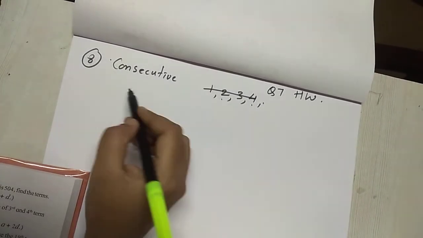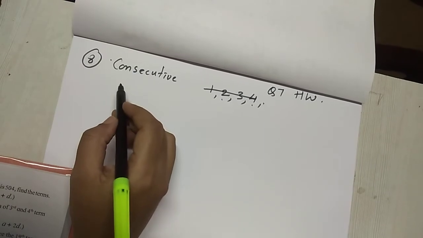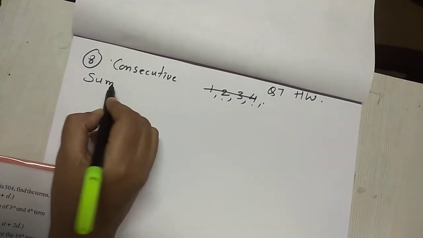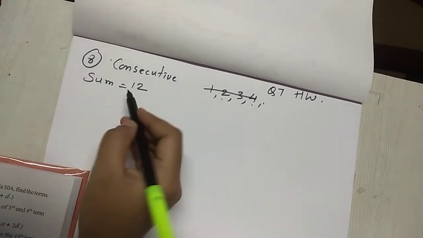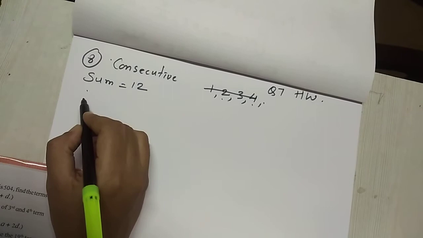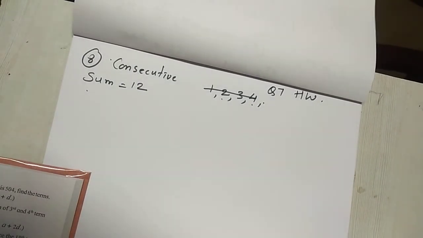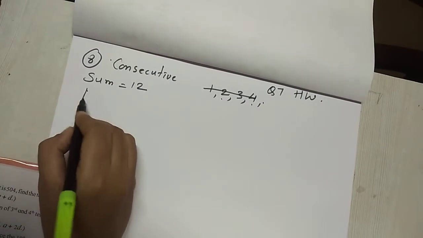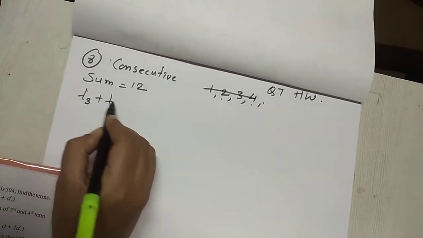So an AP is given in which you have to find 4 terms such that their sum is 12 and the third term and the fourth term sum is 14. Remember children, this is not the third and fourth term of the AP, so I can't write T3 and T4.